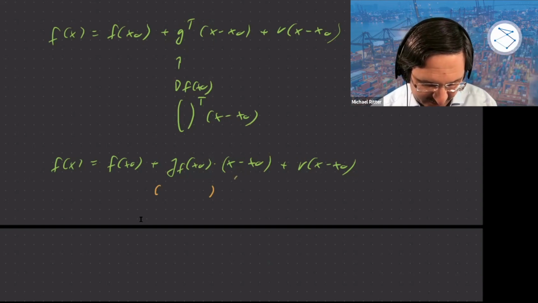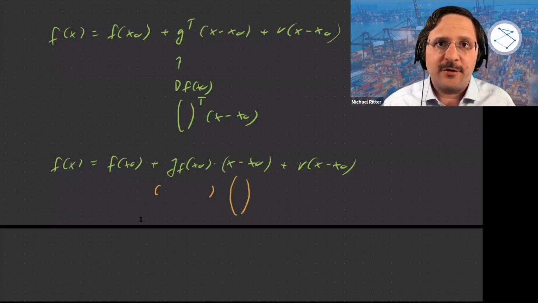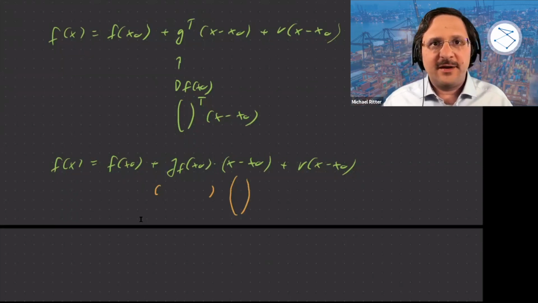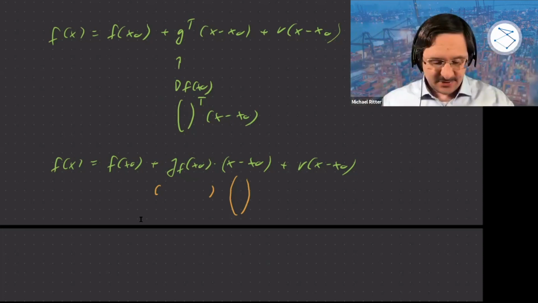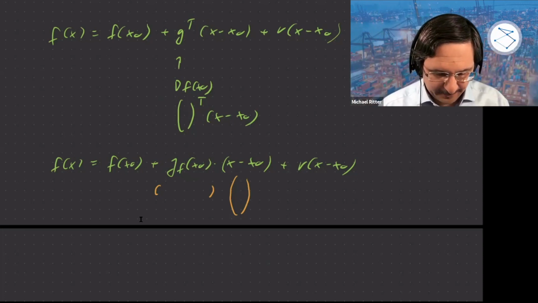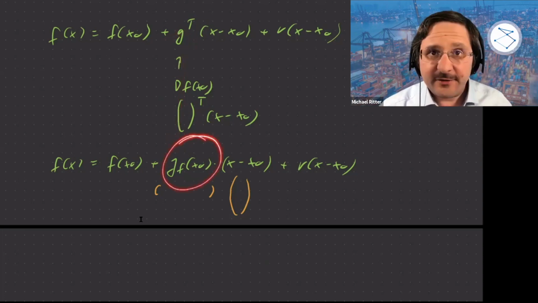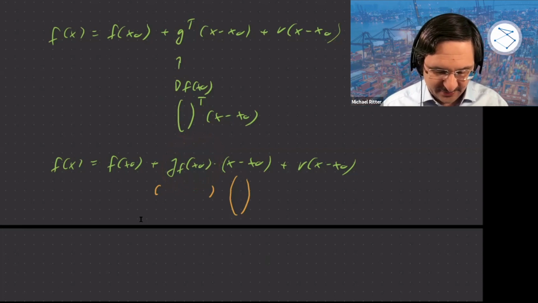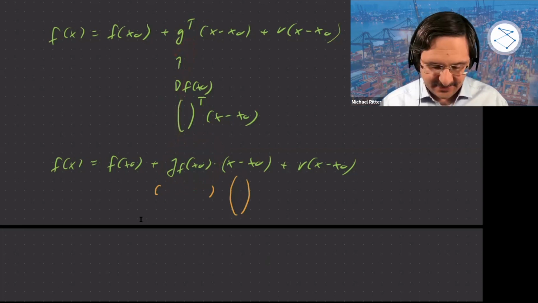And this x minus x0, that's a column vector. So if we want that to be a scalar product in the real value case, we need to have a row times a column of equal size. So this thing works. And yeah, again, these definitions, those are basically the same. This is a more general version because it works in higher dimensions as well. But of course, it contains this case here as a special case.